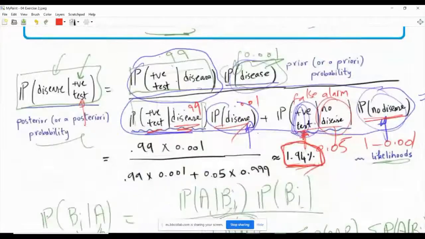So basically these parameters will be there, and also the prior probability is very important. Basically, what is the probability that someone picked randomly from the population will have this disease or medical condition or virus or DNA sequence or whatever.